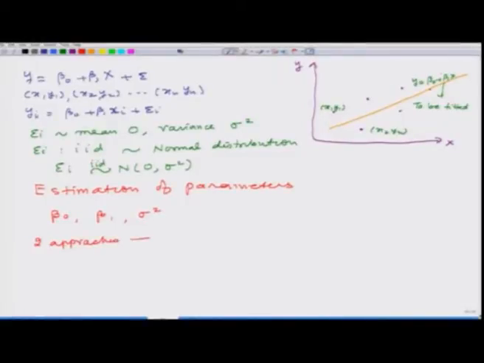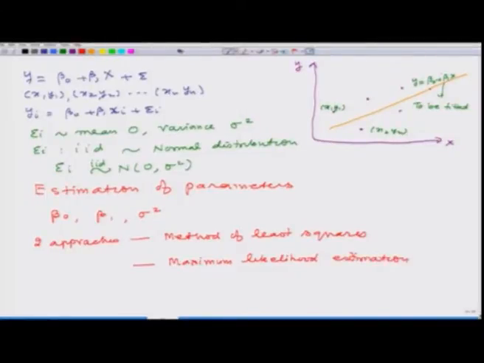One is the method of least squares, and another is maximum likelihood estimation. First, we try to understand what is this method of least squares.